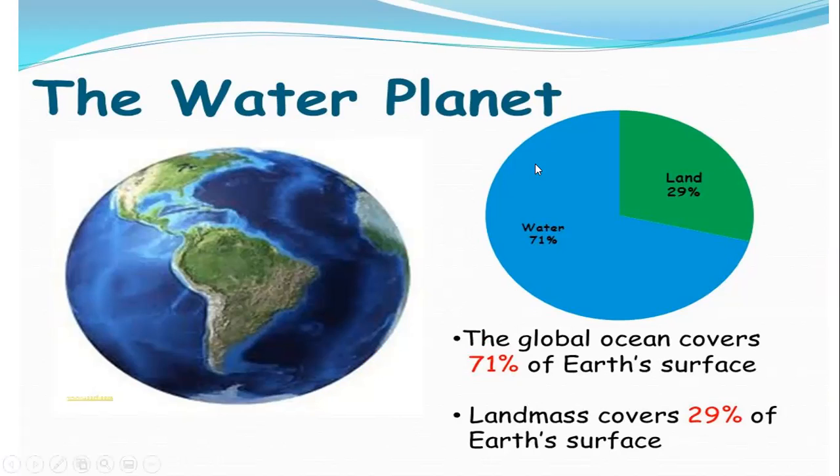And if we look up here at this circle, we see that over half of Earth is water, over half. And then we come up a little bit, it's 71. And then this green area is all the land. It's only 29% of land on Earth. Wow.